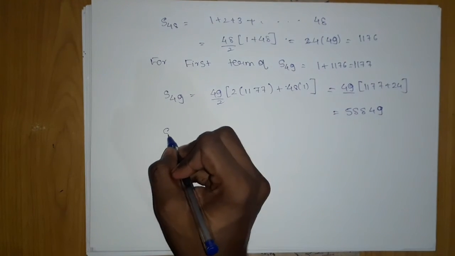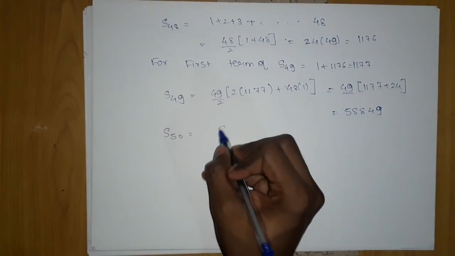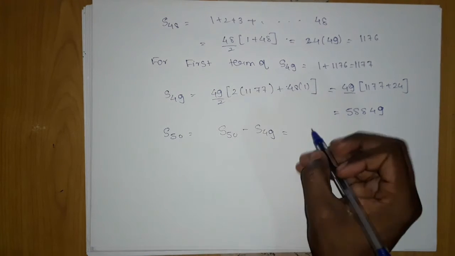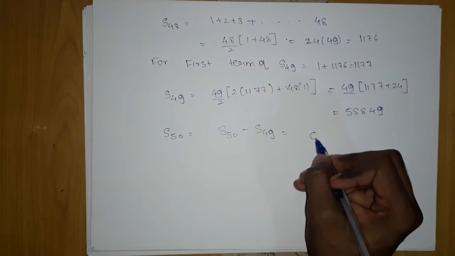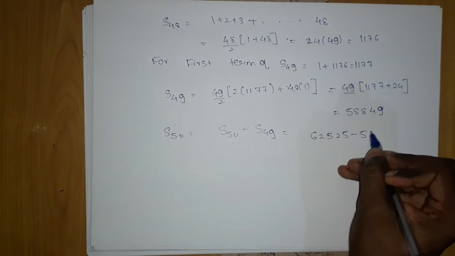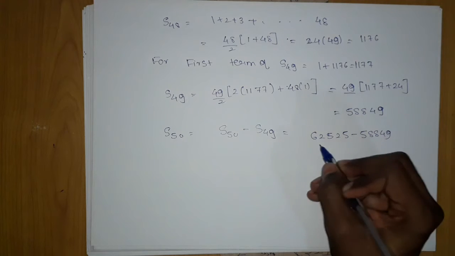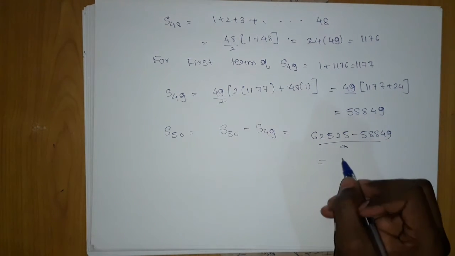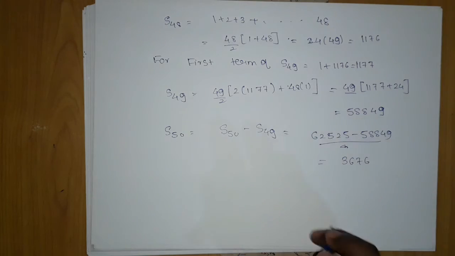Now we want to find S50, which is all S50 terms minus all S49 terms. So it is 62525 minus 58849, which gives 3676.